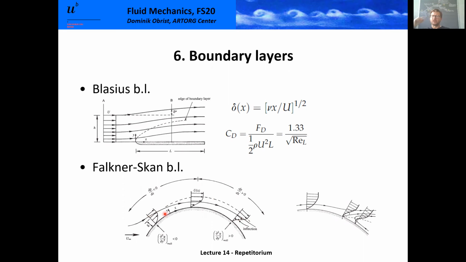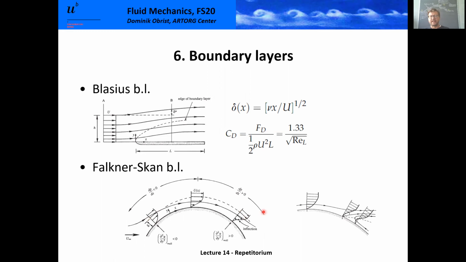The profiles on the upstream side had what's called a fuller velocity profile. We're also talking about the favorable pressure gradient. On the other side, on the downstream side, we have a so-called adverse pressure gradient because it's holding back the flow. It's not accelerating, it's decelerating it.